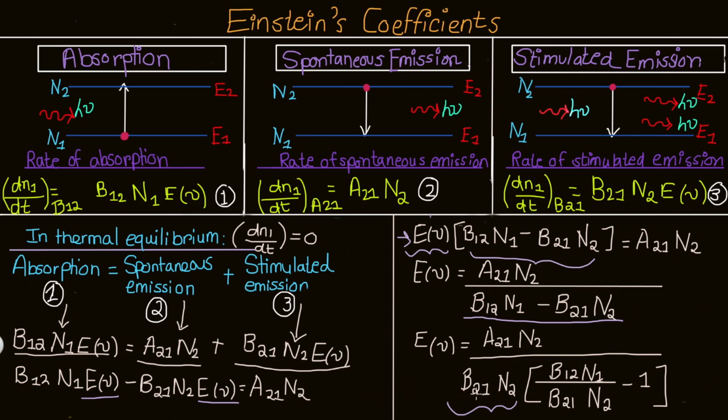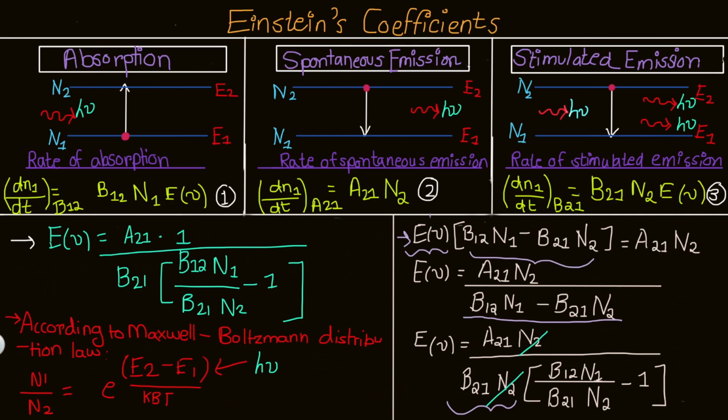So basically, if I take this common out, I'll be left with this inside the bracket. Now I can cancel N2 over here and N2 over here, and then I'll be left with E nu equals A21 times 1 divided by B21 times B12 N1 divided by B21 N2, take away 1.